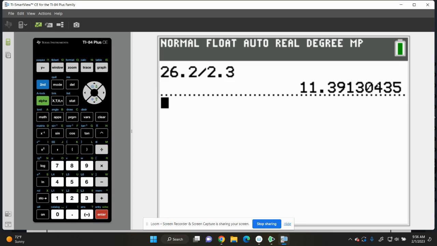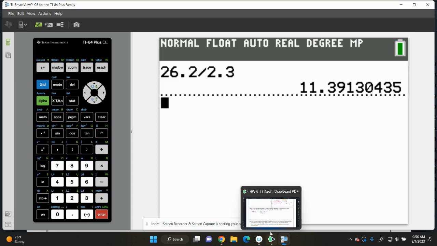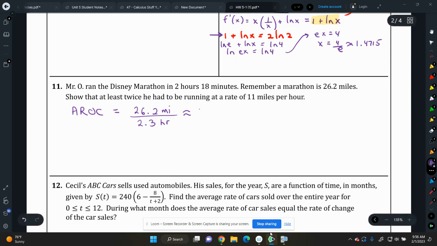Remember, in AP Calculus, we always round to 3 decimal places unless told to do otherwise. So 11.391 miles per hour. That's his average velocity.